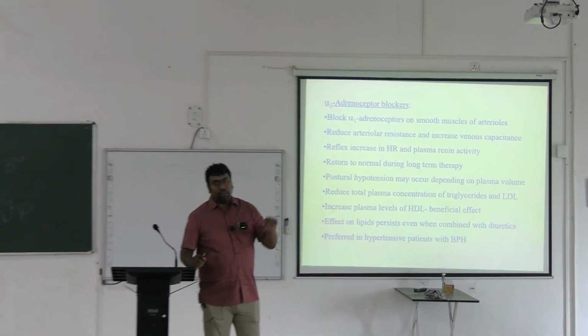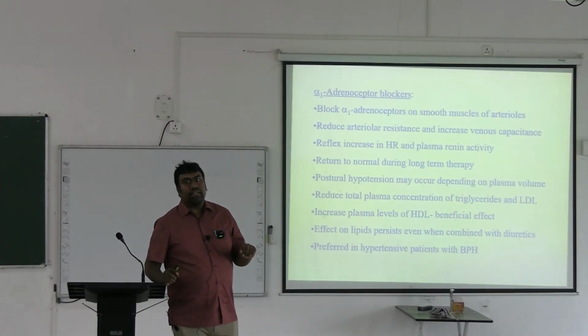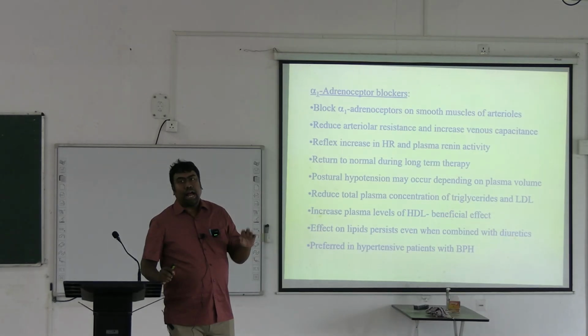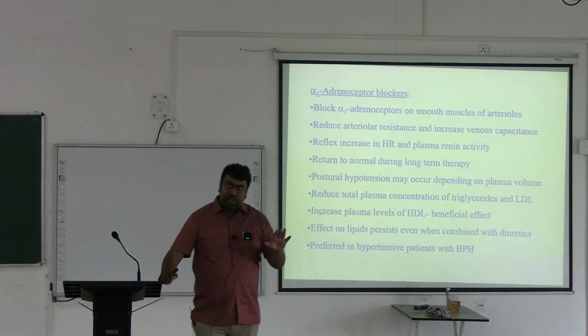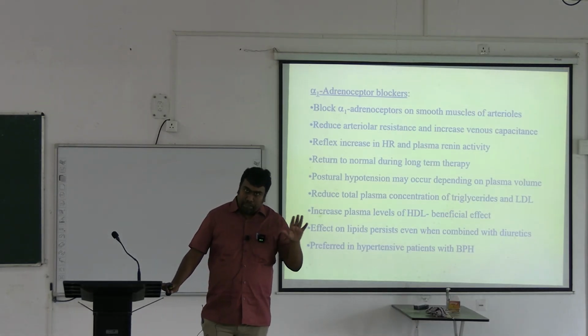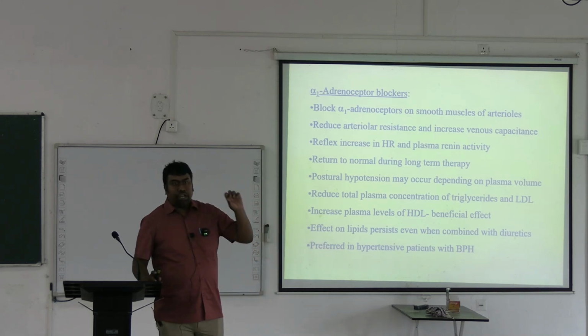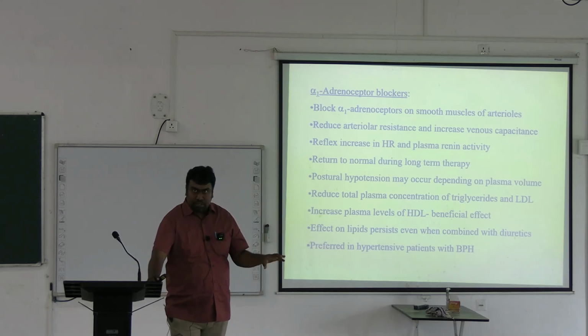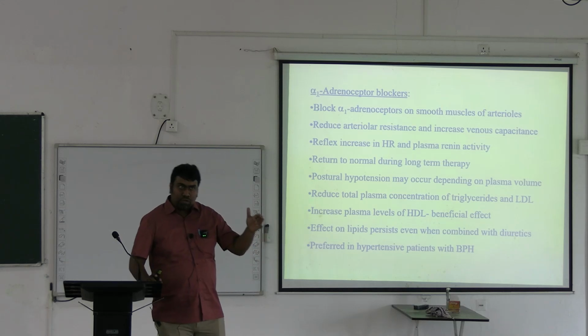All these have been taught, which is why I am asking how it acts. Alpha 1 is present where? In the peripheral blood vessels. So if it is blocked, what happens? Total peripheral resistance will be less, so that leads to reduced hypertension.